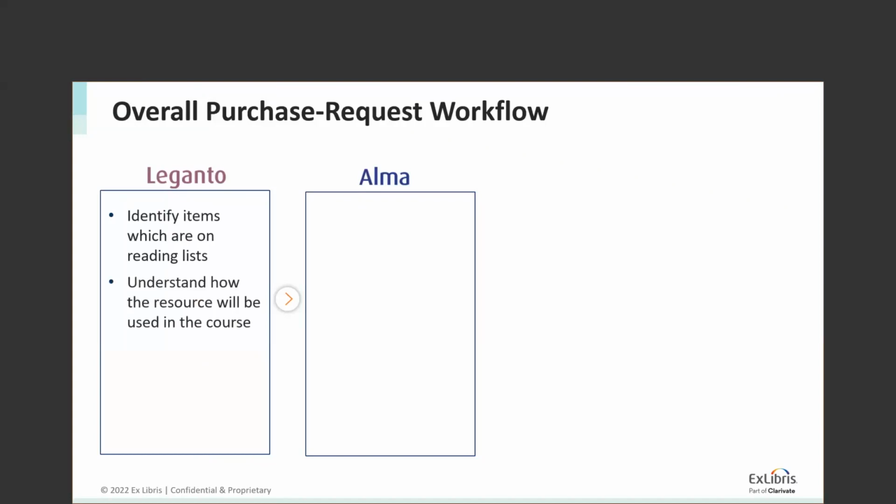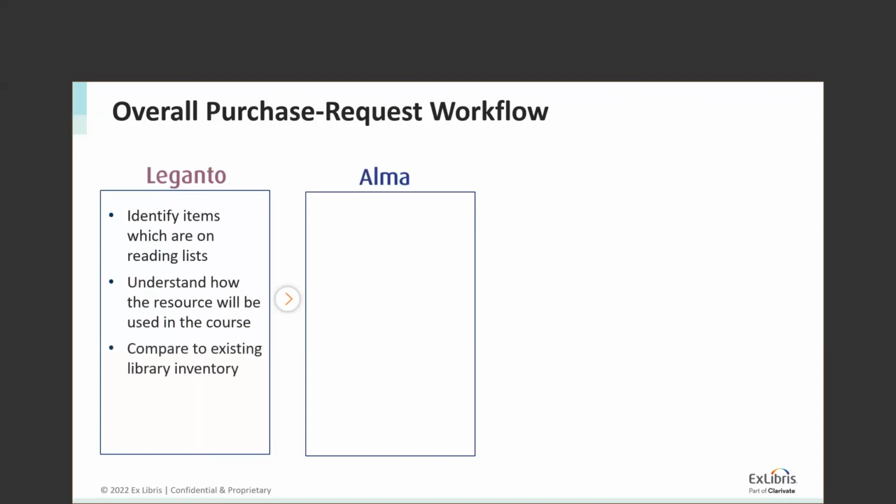How are the resources actually going to be used in the course? Is it the full resource or only a single chapter? Is it not actually a whole book, but one chapter? And by the way, it's not even required reading. You have from Leganto all of that contextual information about what's being used and how it's used.